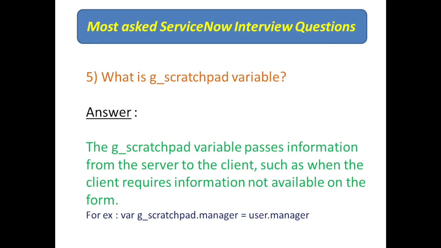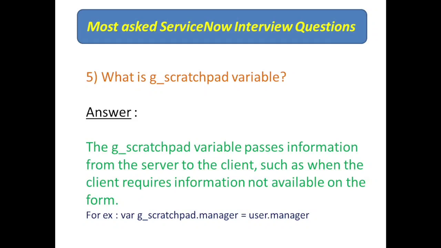The last question was display business rule. In that we have to use this g_scratchpad variable. What it does is act like a link. It passes information from the server to the client side. Mostly, as I told you, when the caller's manager value is not there on the form, how are you going to fetch it?